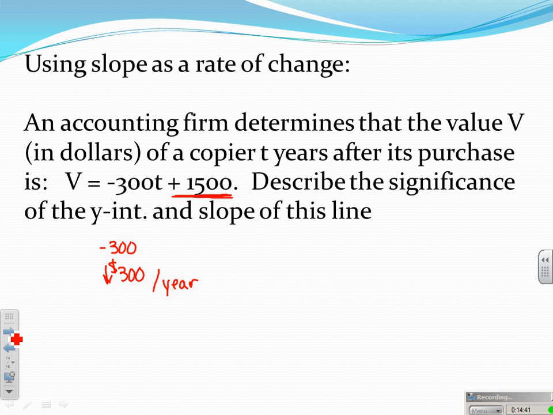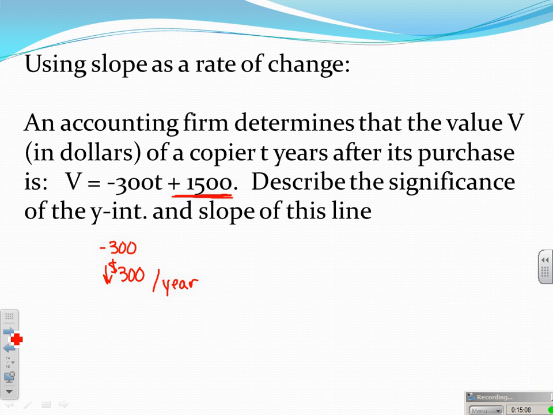Okay? So, for example, if the machine was 1 year old, what would you expect it to then be worth? Well, you'd have to take negative 300 times 1 year and then simplify. You'd have negative 300 plus 1,500 or $1,200 now. Okay, so how many years would it take in order for this machine to have absolutely no resale value or trade-in value left?